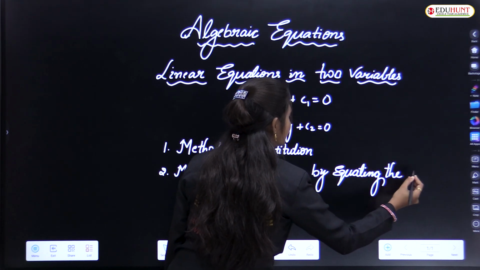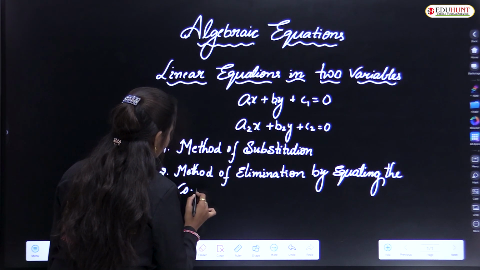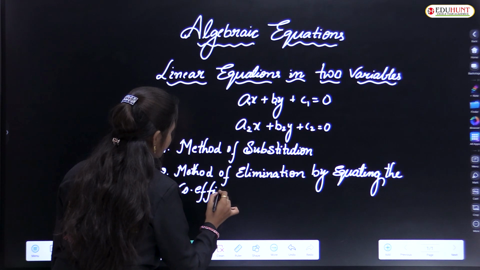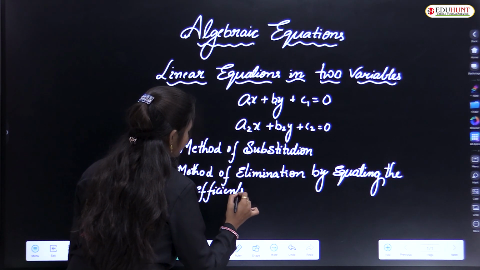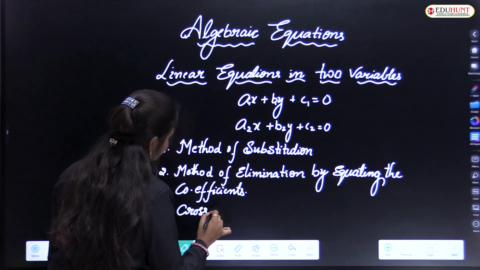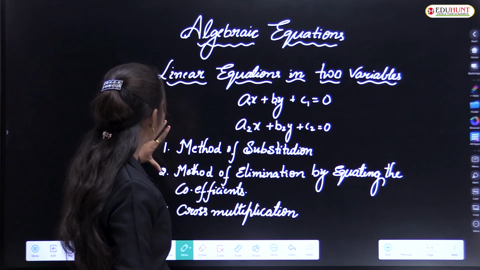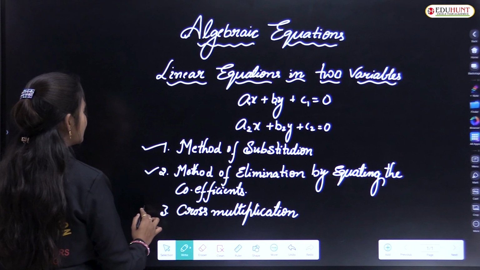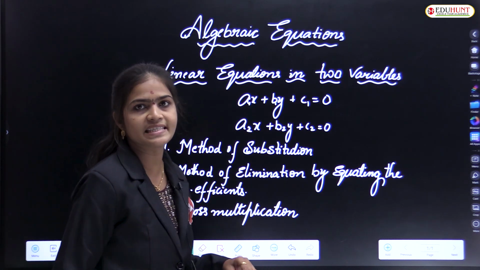And the next one is cross multiplication. So here we have three methods. By using these three methods, we can find the values of x and y.